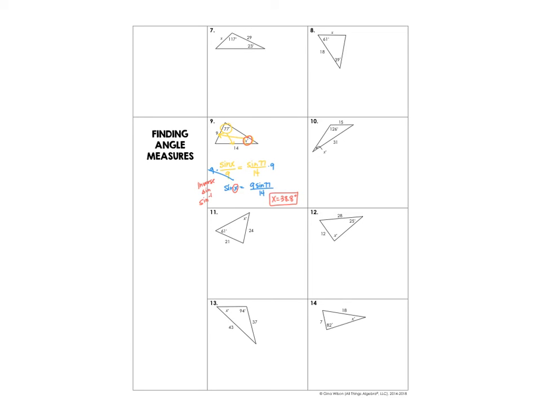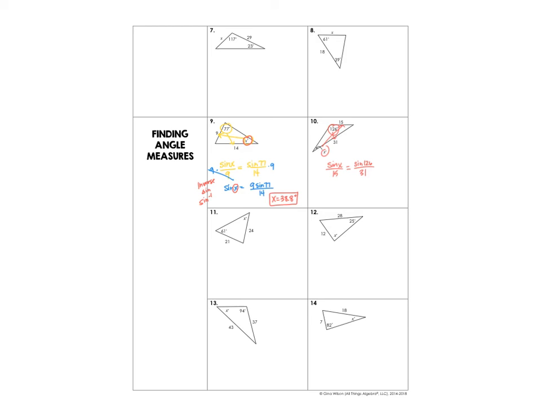Alright, so let's look at number 10. Again, we are finding an angle measure. So we're going to say the sine of x, find its corresponding side, which is 15, equals, then we're looking at angle 126, so the sine of 126 over its corresponding side, which is 31. Alright, we have a proportion set up.